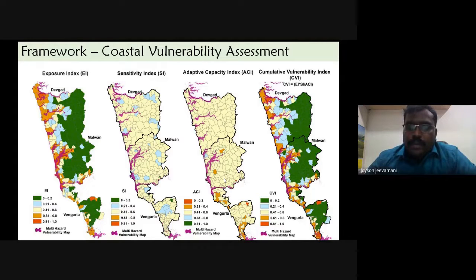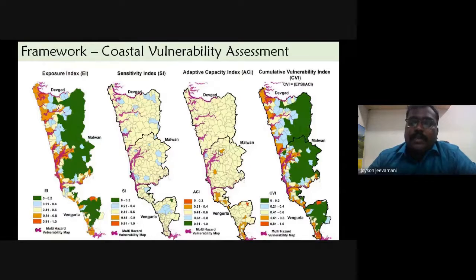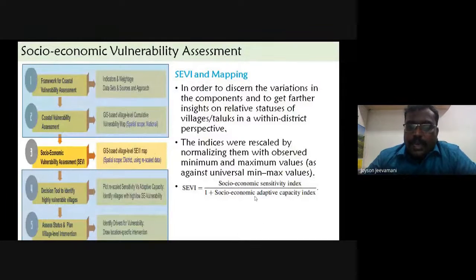So what we did here is, to have a local specific intervention, for example within Sindhudurg district, which villages should be considered, which village is socioeconomically vulnerable. To find that out, we use this index. SEVI is nothing but the socioeconomic sensitivity we already derived, divided by 1 plus the socioeconomic adaptive capacity index.